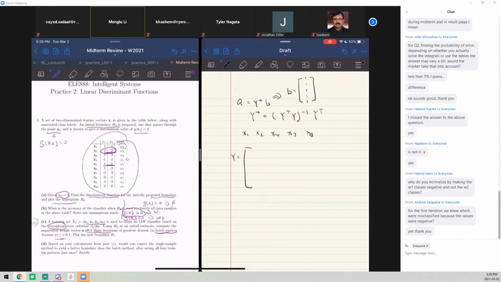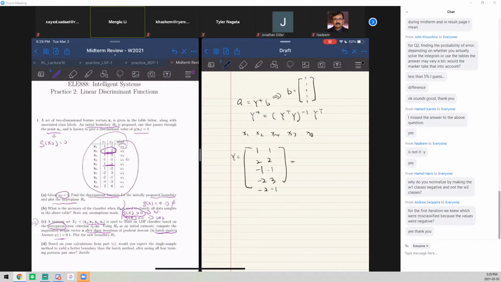So if I write it in numbers, it should be 1, 1, 2, 2, -1, -1, 3.